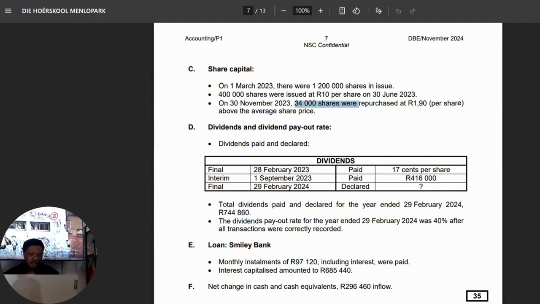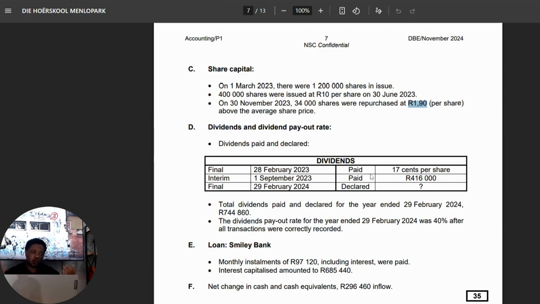So it says 34,000 at 190 per share, but it says 190 above the average issue price. So in other words, if the average issue price is 5 Rand, these shares would have been repurchased at 6.90. So this is just what we need now in order to work out the repurchase for the purposes of the retained income note.